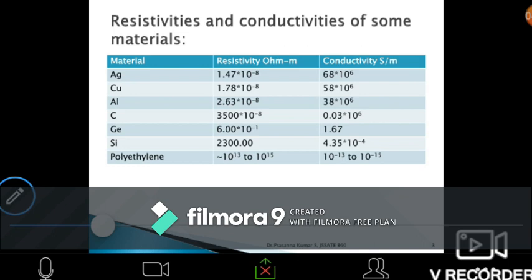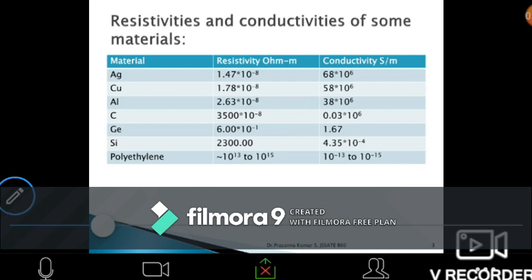And look at germanium and silicon. You know that they are semiconductors. Their conducting properties lie between those of an insulator and a conductor. Their order is somewhere around 10 to minus 4. When you look at the conductivity of the insulator, the last one, it is 10 to minus 13 to minus 15.